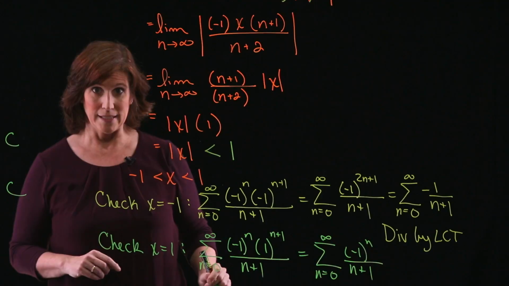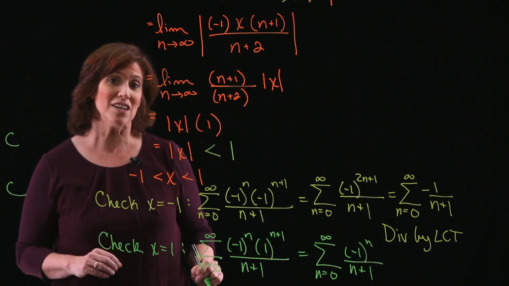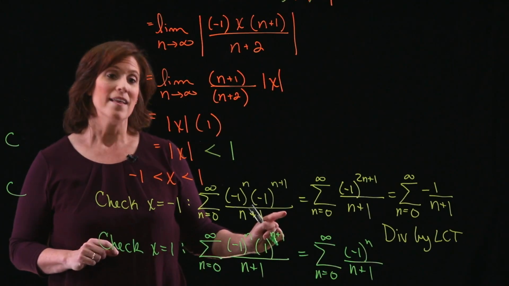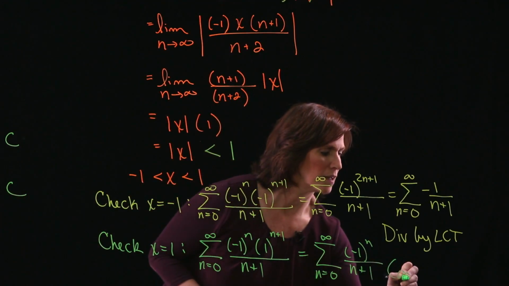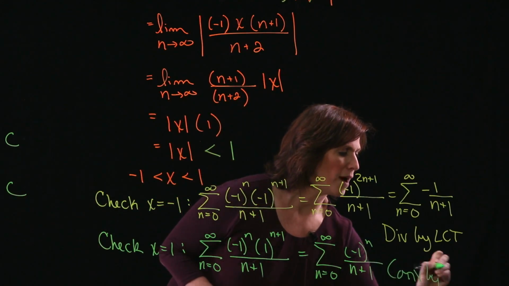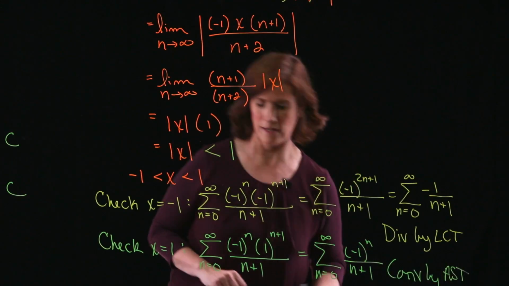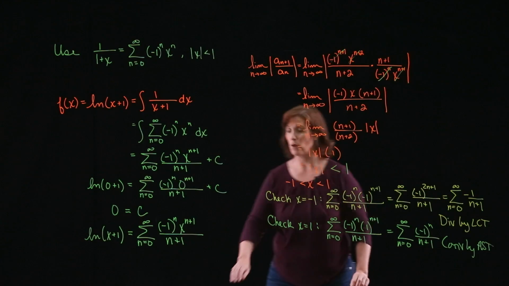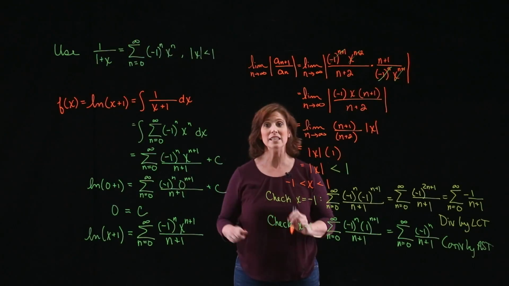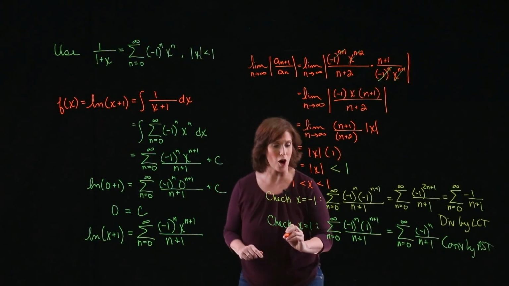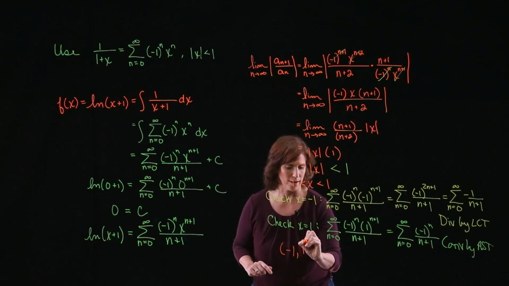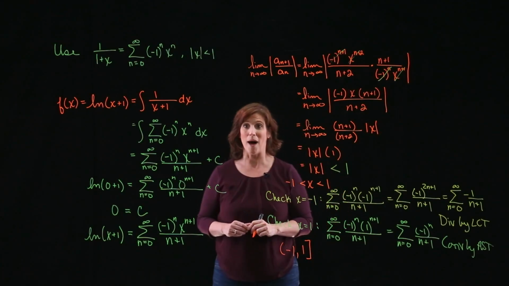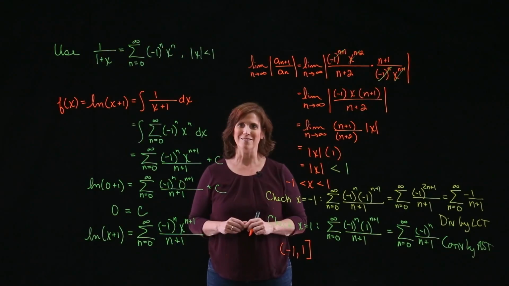This is an alternating series, and if you use the alternating series test, you'll discover that it converges. So what does that tell you about the original problem? My original series converges on the interval from -1 to +1, including +1. I hope that was helpful. Thanks.